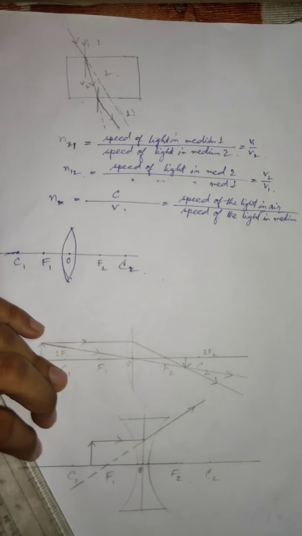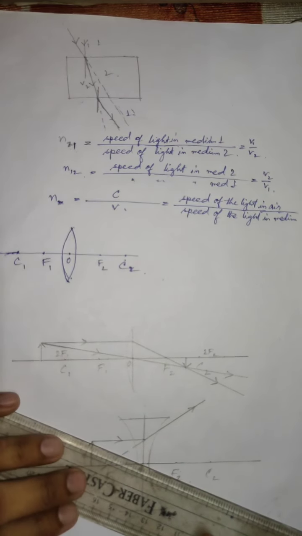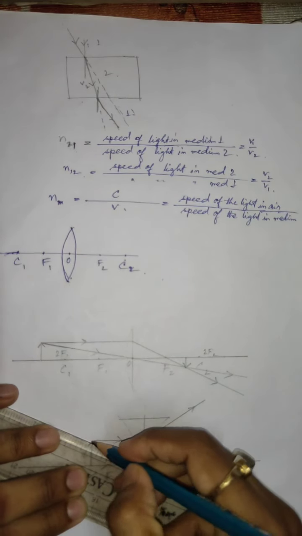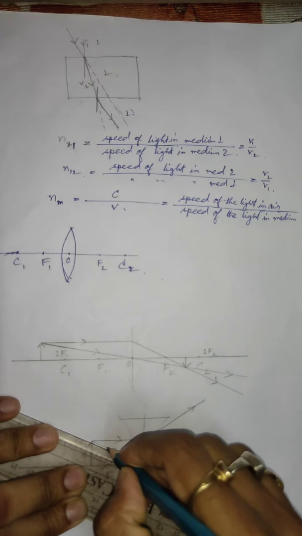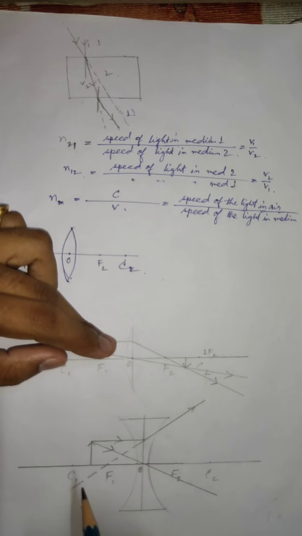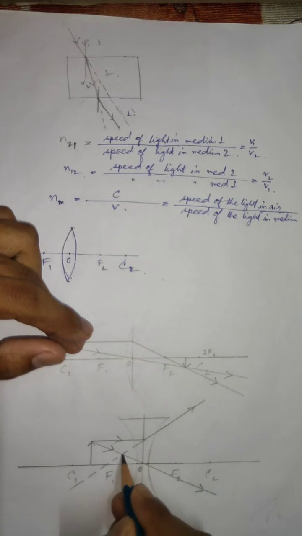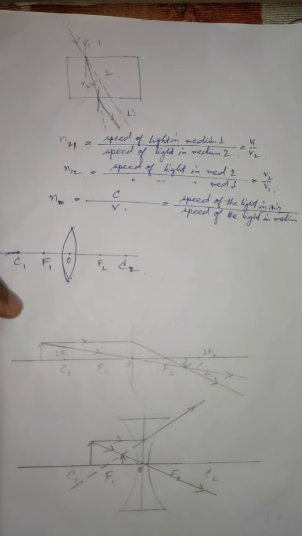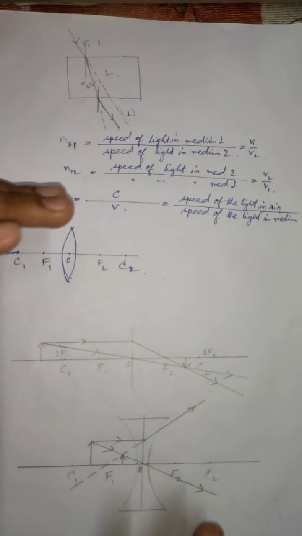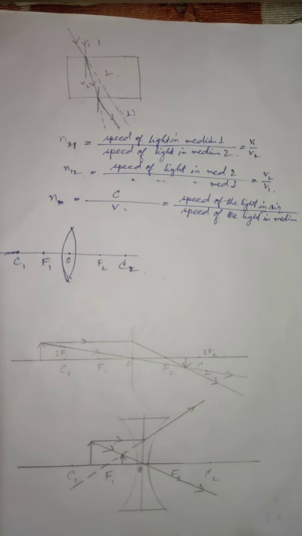Then another ray passes through the optical center. Now the rays intersect here. You see, this way the image is formed. This is the formation of image in the case of convex lens and concave lens.